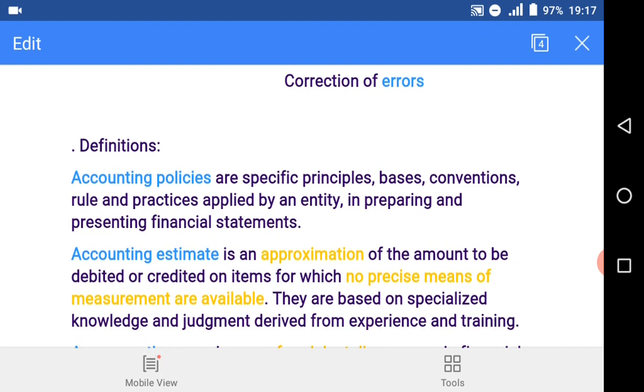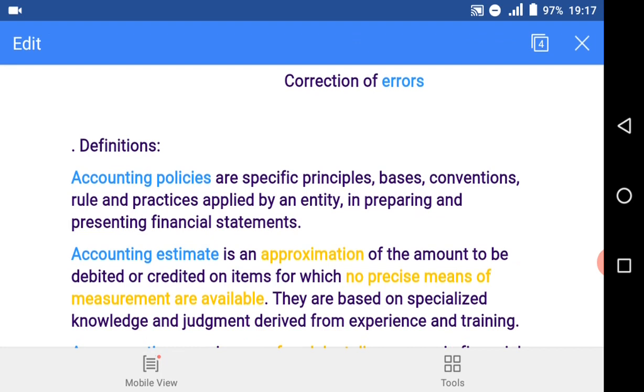The principles, we've listed it here: principles, basis, conventions, rules. The rules, to make it a little bit easier, are what you prepare your financial statements on. Then we'll be looking at accounting estimates now, and the definition will give us a clear distinction between both of them.